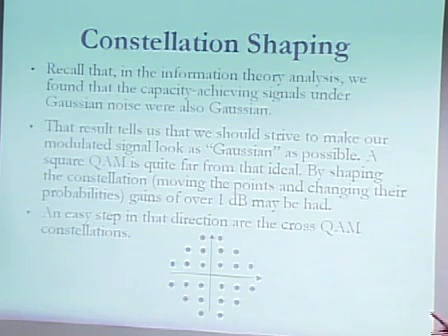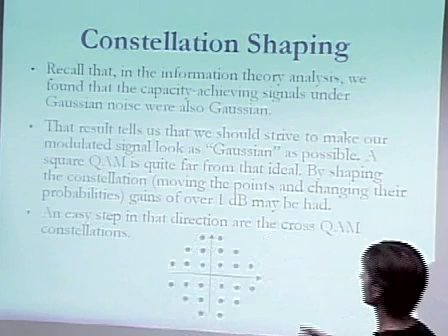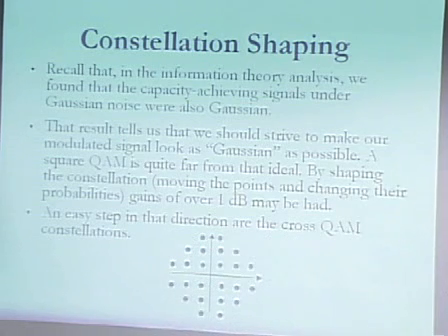By doing that, it actually has a superior performance. It's about 1 or 2 dB better than if you had the same number of points just on a square grid. Okay, so by reshaping them, you can make them a little better. And that's actually done. It's not done in wireless, because usually we have small constellations, but this is done in DSL, for example.